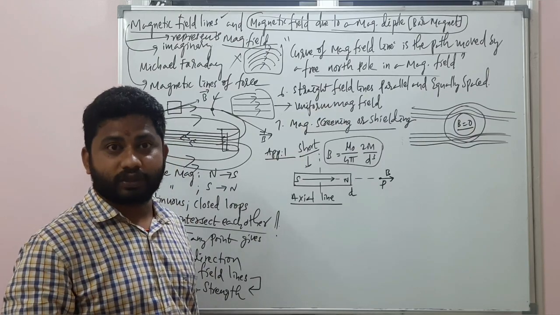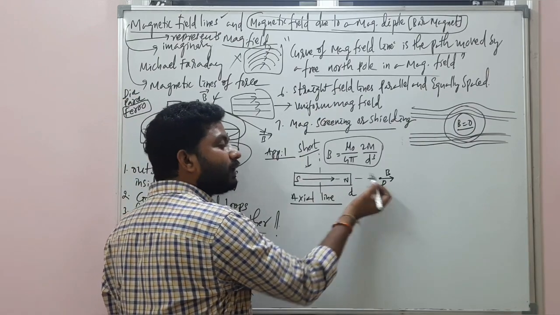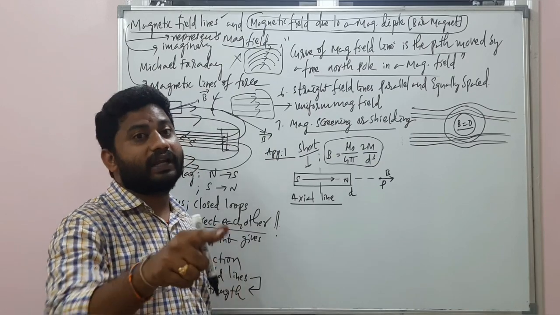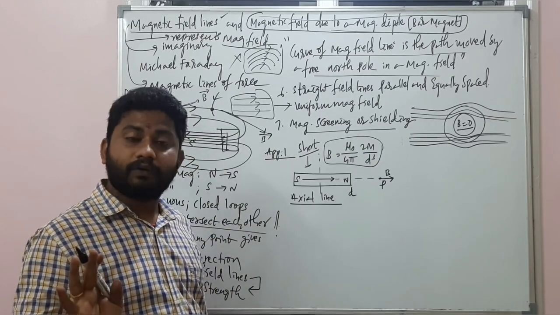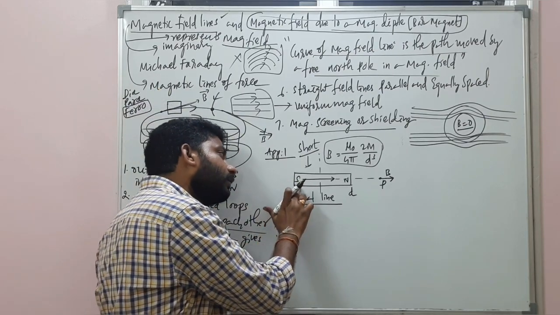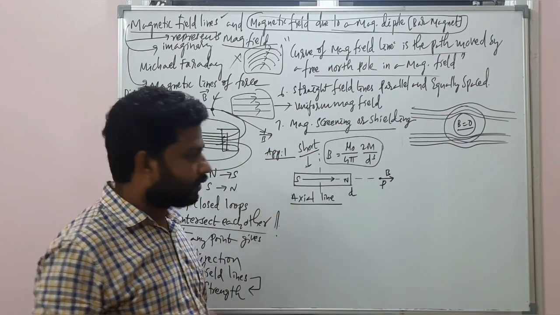The electric dipole case is also the same: at this point P on its axial line, the electric field will be in the direction of the electric dipole, from minus q to plus q, here from minus m to plus m.